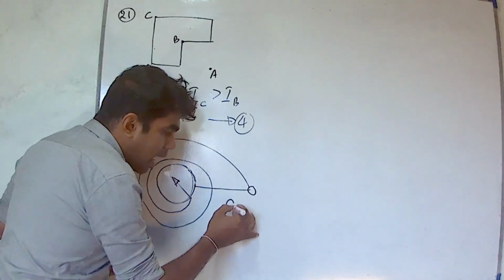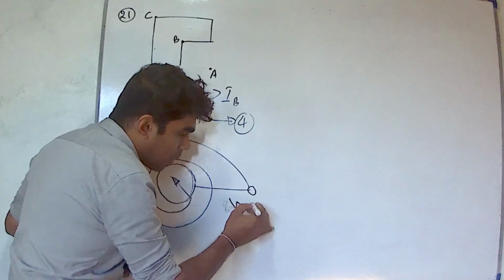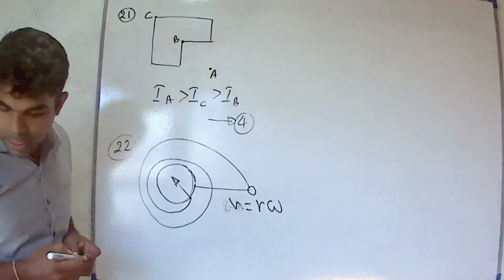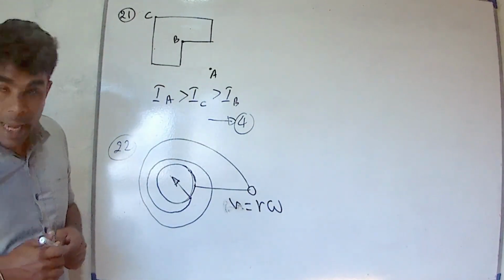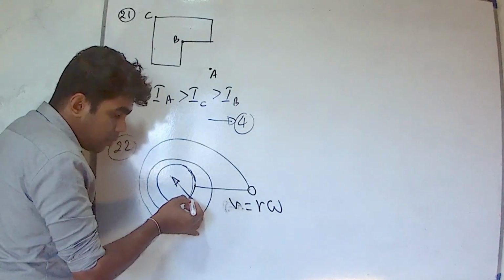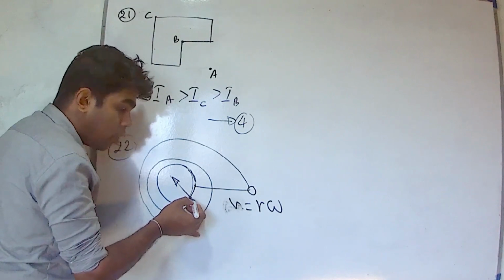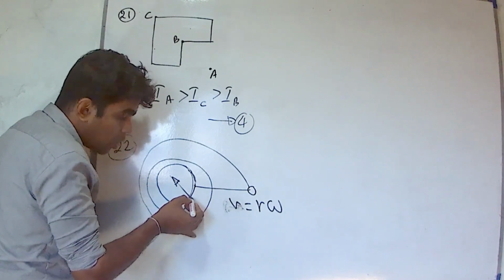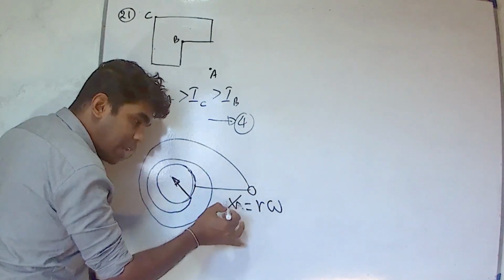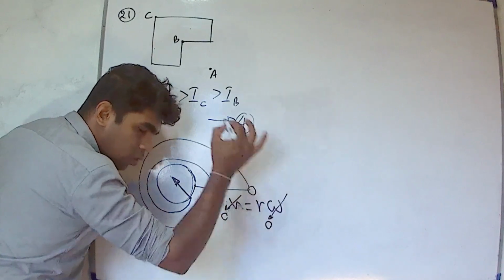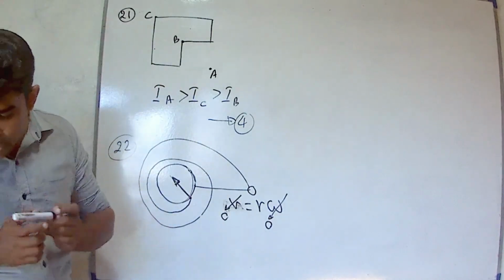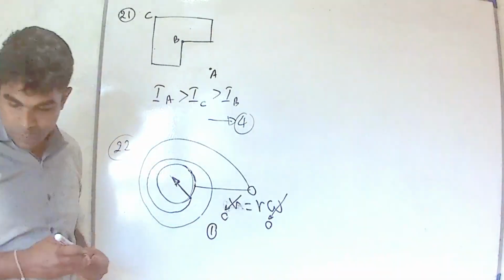We know that tangential velocity v equals radius times angular velocity, v = r omega. Now we have to find the angular velocity. The tangential velocity is 0 for the final situation because the velocity is towards the center. Therefore this value is 0, then omega is also 0. So the angular velocity for the final situation should be 0. The answer is 1 for question number 22.